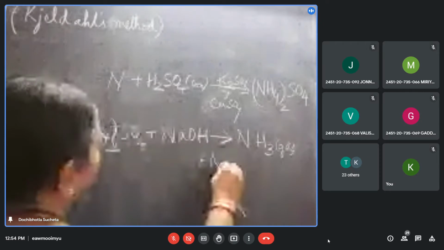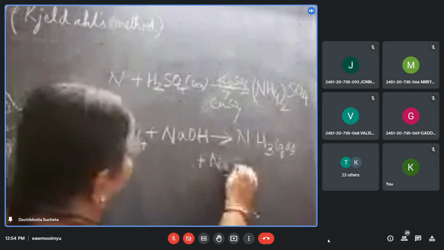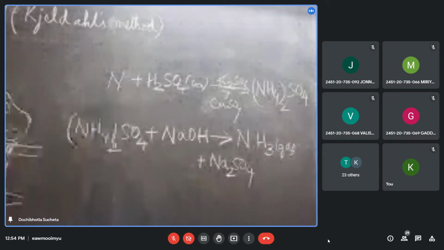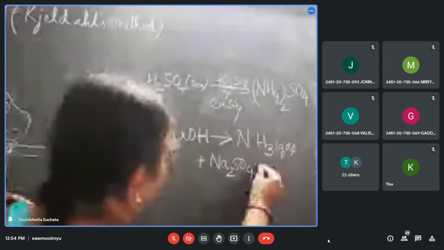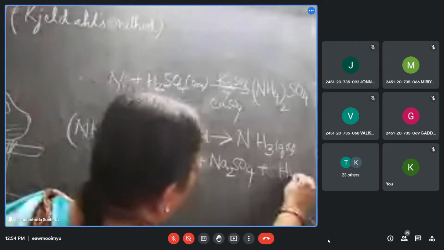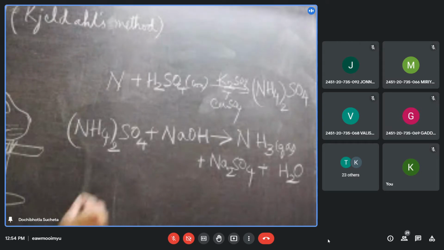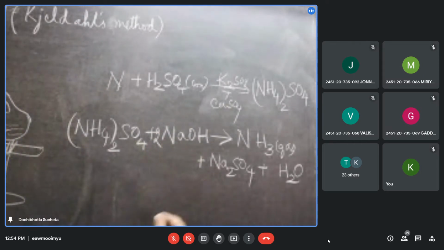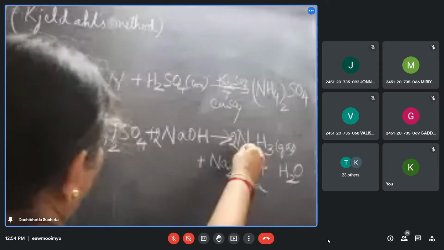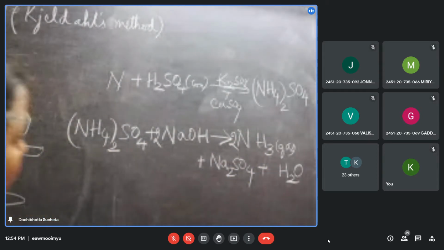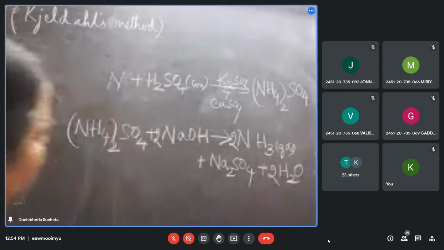Along with that, it will form sodium sulfate plus water. Let me take the balanced equation for time saving: (NH4)2SO4 plus 2NaOH gives Na2SO4 plus 2NH3 plus 2H2O.